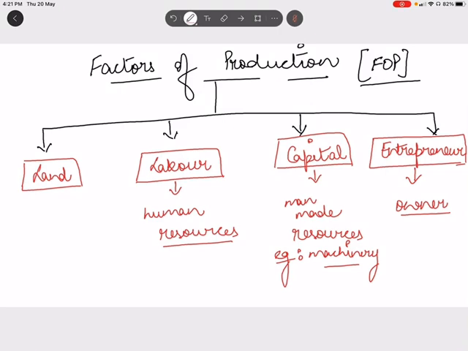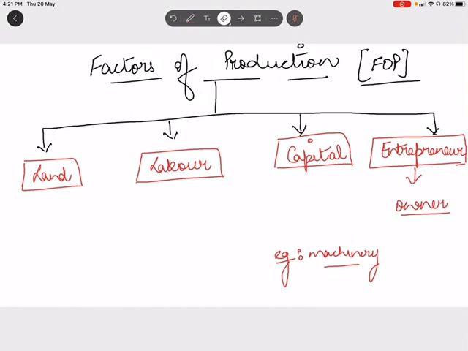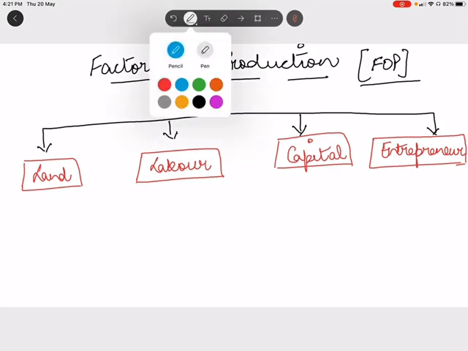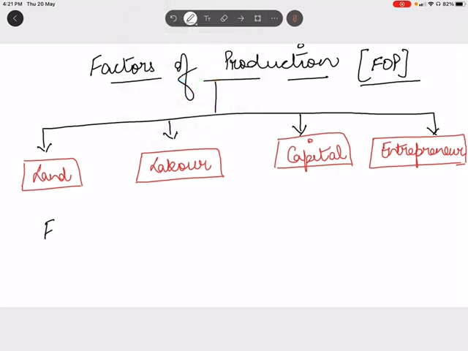Now, after discussing the types of factors of production, the next term which arises and which is automatically associated with it is factor income.